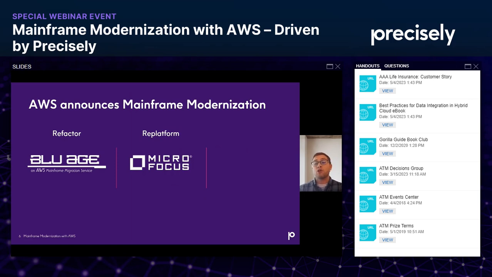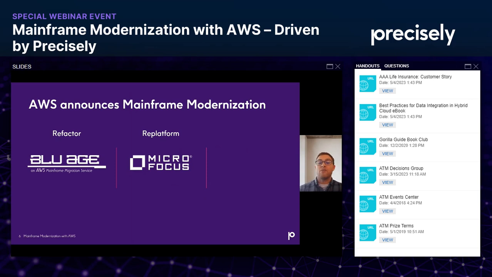They also announced a partnership with Micro Focus to help with replatforming. In other words, they helped organizations move applications using Micro Focus to the cloud without any major changes to the underlying application, while still making sure that they're capitalizing on kind of the latest advancements or developments that the cloud technology provides.